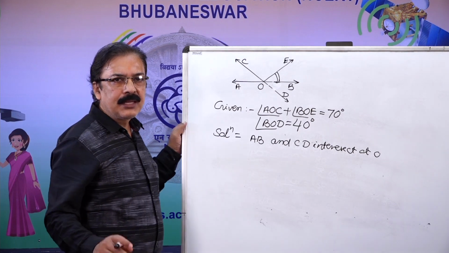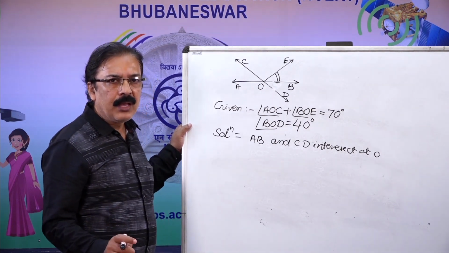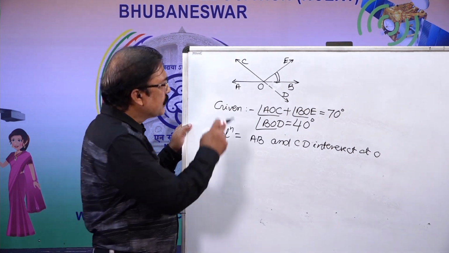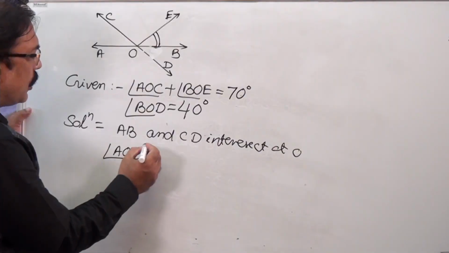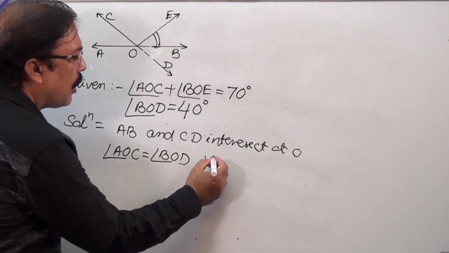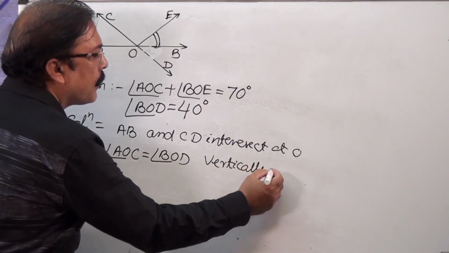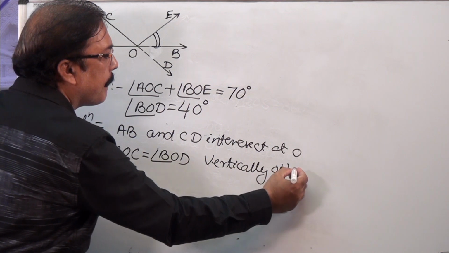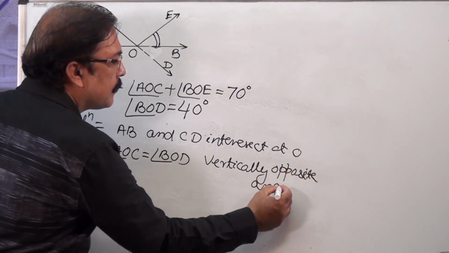As two lines intersect each other, vertically opposite angles are equal. So in this case, angle AOC is equal to angle BOD because they are vertically opposite angles.